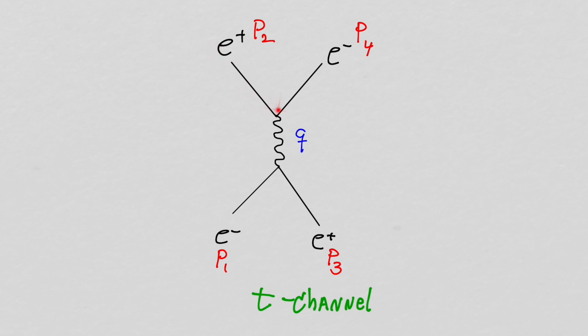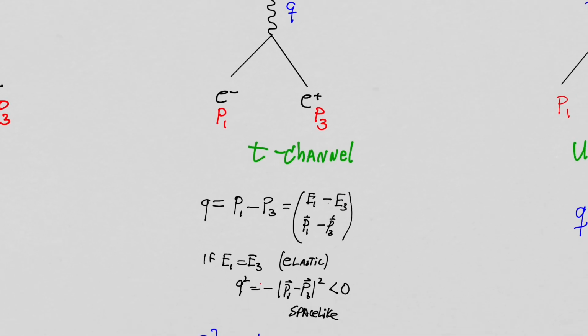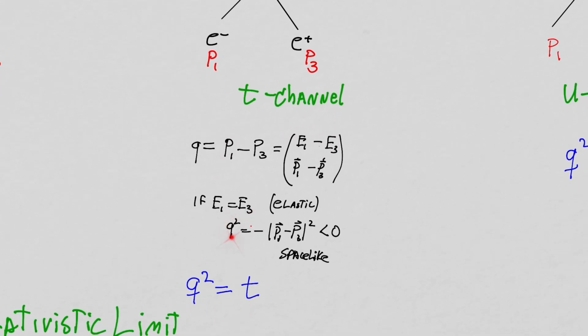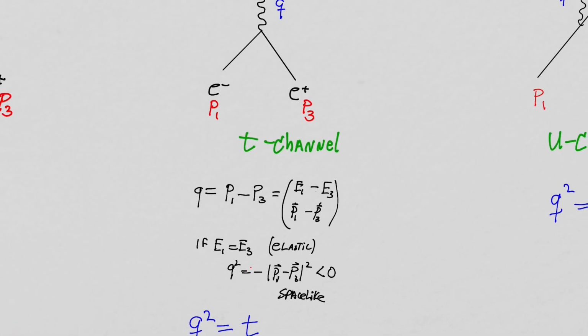And this positron comes down and absorbs that photon and becomes this electron, or the other way around, or both at once, right? But now the momentum for Q is P1 minus P3. That's what's left over for Q. And P1 minus P3, of course, is the T-channel process. So Q squared is actually equal to T. So that is called the T-channel process.